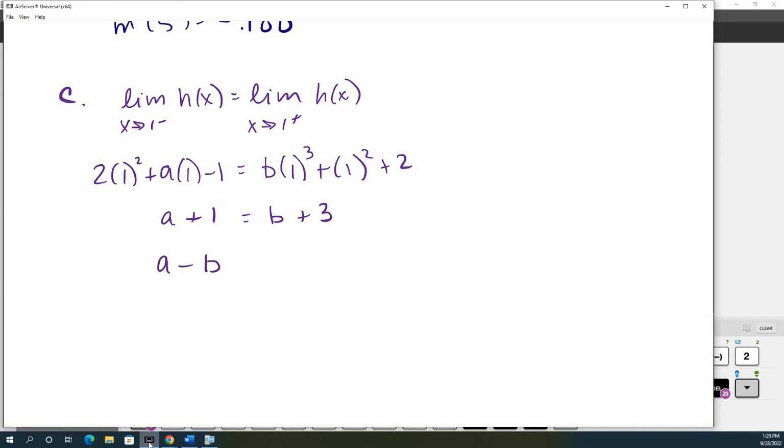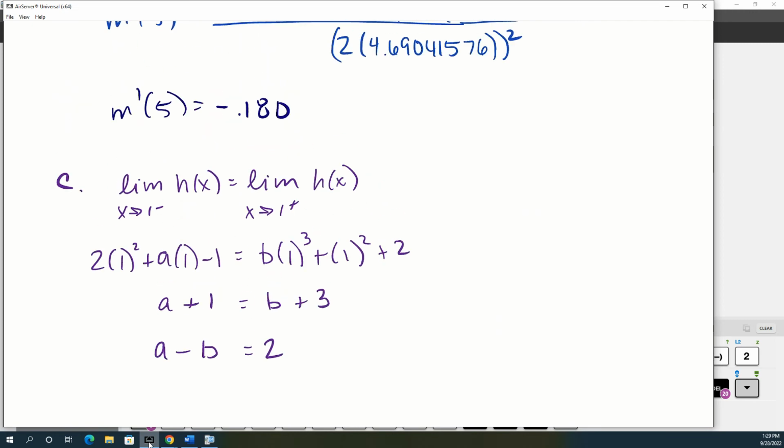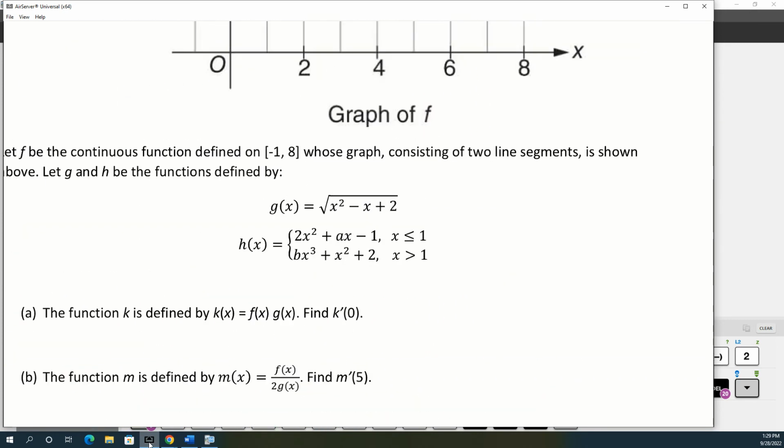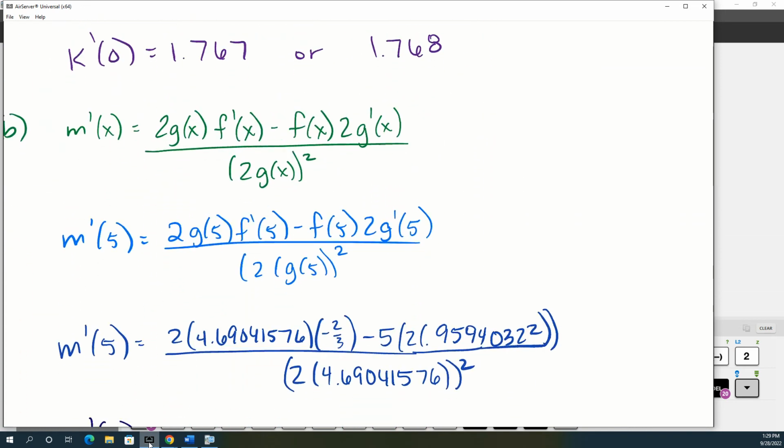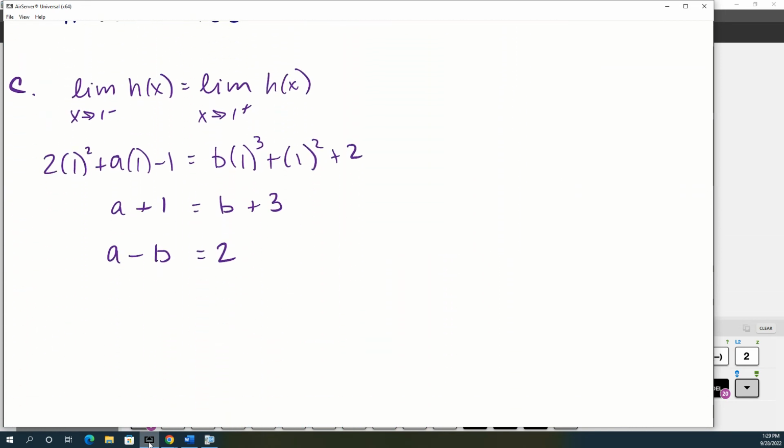So I would move the B over with the A, and I would move the 1 over with the 3. All right, we would also want to take a second to double check that you do have an equal to bar. So h of 1 is defined right here, so we're good. I probably should have done that first.